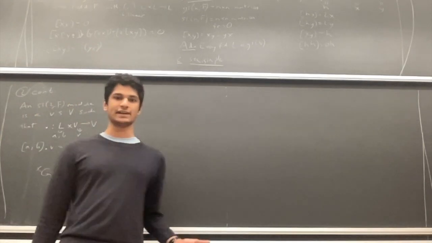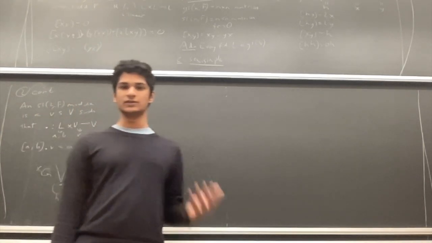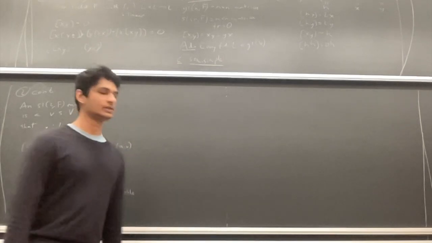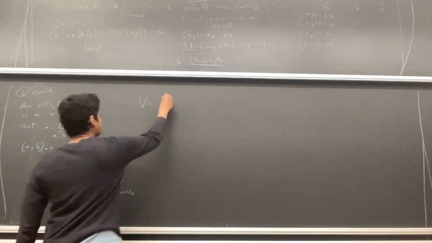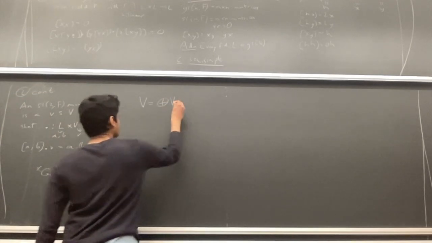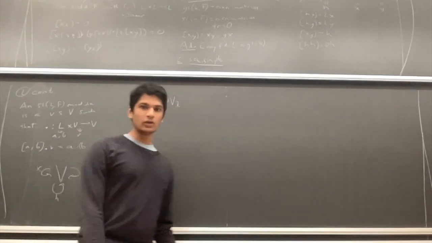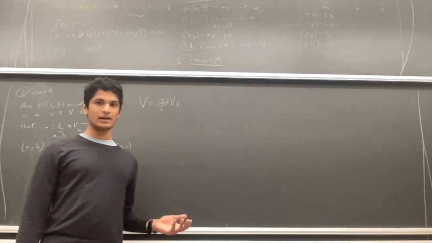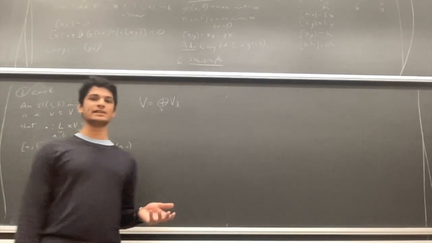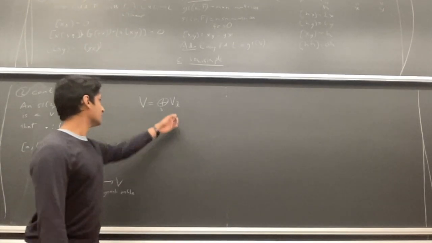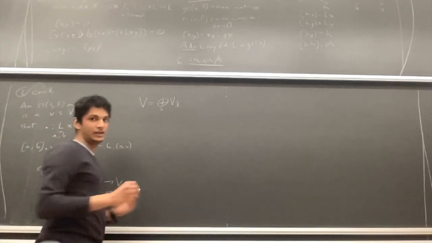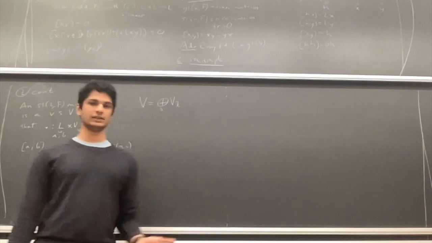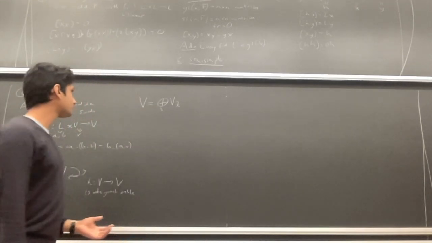And because H is diagonalizable, we are able to decompose V as a sum of eigenspaces according to the action by H. So V is going to be the direct sum of V_lambda, where the V_lambdas are the eigenspaces. We like to call them weight spaces, and lambda is the corresponding weight. Okay, but since V is finite dimensional, we know there are going to be finitely many V_lambdas.